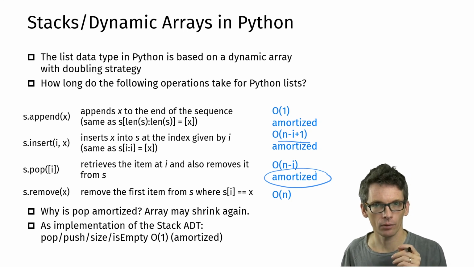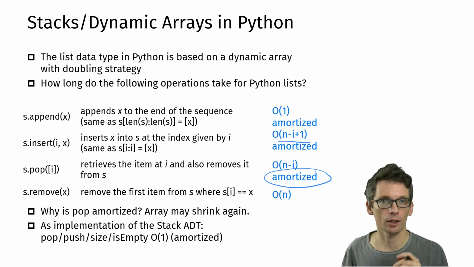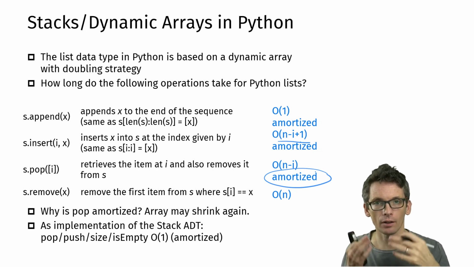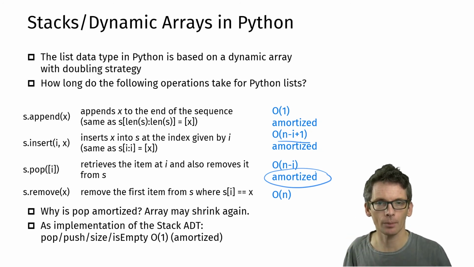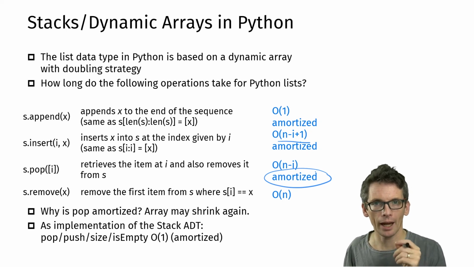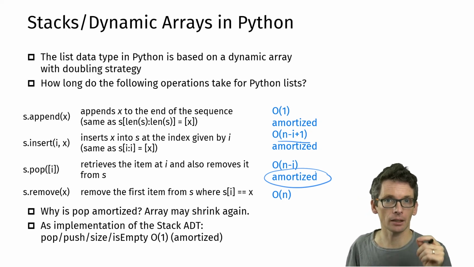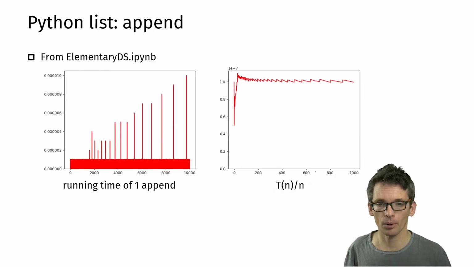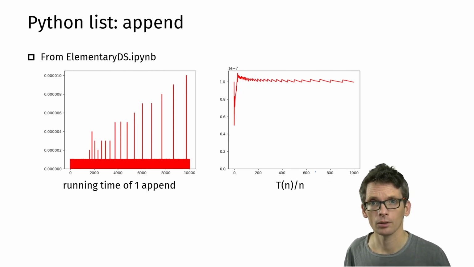Now, if what I said is true, then if we measure the running time of an append operation on a Python list, we should actually see these spikes. That's easy to test. We can just do some experiments. I did those in the elementary data structures notebook, so you can also do them yourselves.